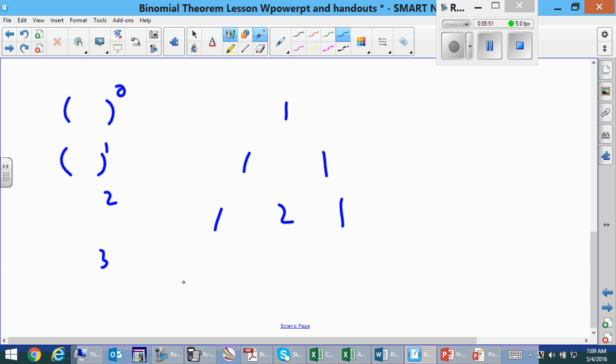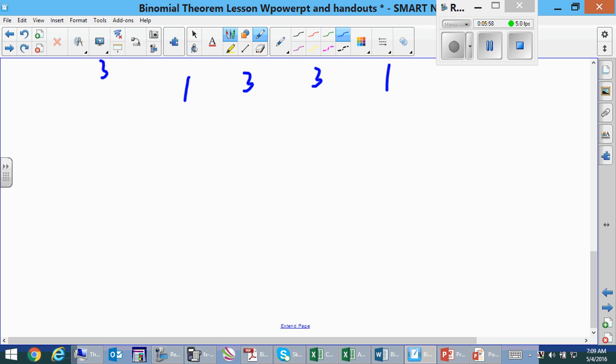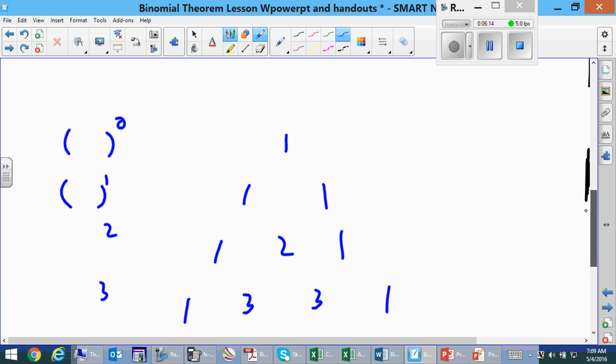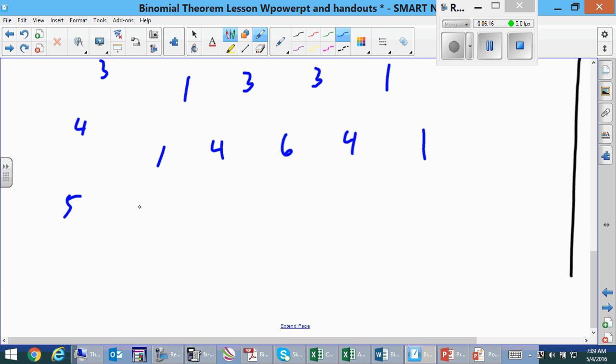The third power, 1, 3, 3, 1. The fourth power goes 1, 4, 6, 4, 1. And the fifth power, that's exactly what we're trying to generate for this question. The fifth power goes 1, 5, 10, 10, 5, 1.